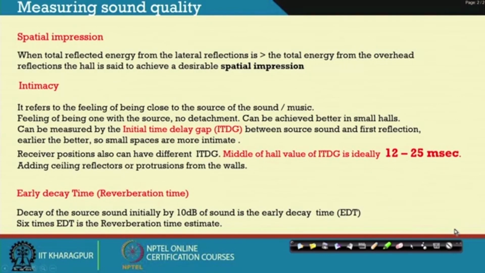So, this also should be measured: the decay of the source sound initially by 10 dB is called the early decay time, and it should be small or optimum, so that the reverberation time, which is 6 times that, is actually achieved.